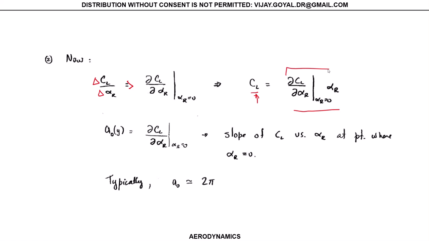So this is nothing else than what we call a sub 0. A sub 0 is equal to this, and we learned this a couple of classes back. Where you just ask, what is the slope of this when my effective angle is 0? Typical value for thin airfoil theory is 2 pi, but it has to be calculated, and we learned how to do that previously.